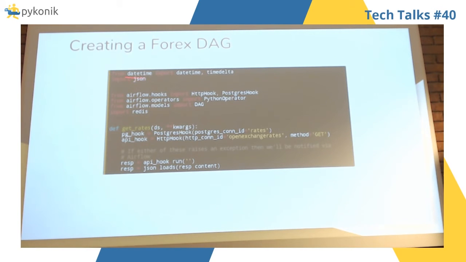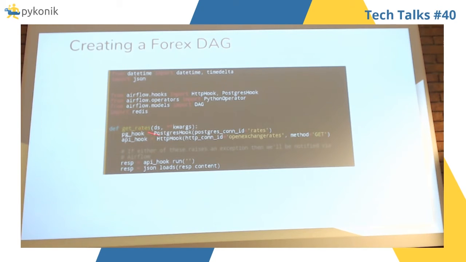As you see, there is some import of the Python operator, HTTP hook operator, and Postgres hook. Because we need to hook the HTTP to get the data, and we need to hook the Postgres to insert that into it, and the Python operator to process it.